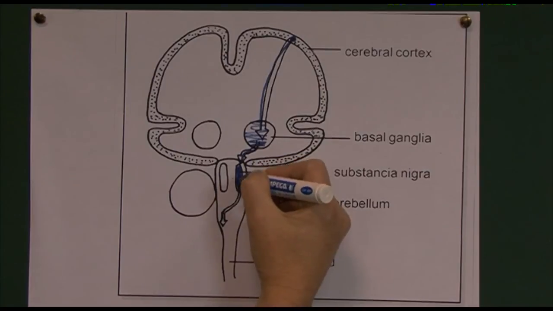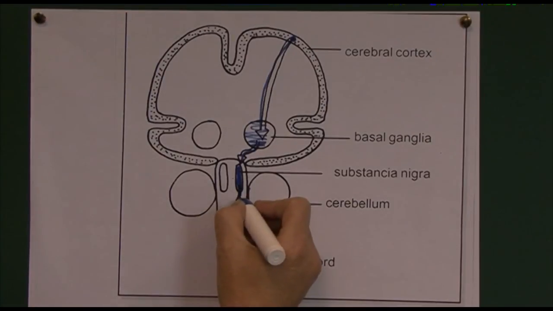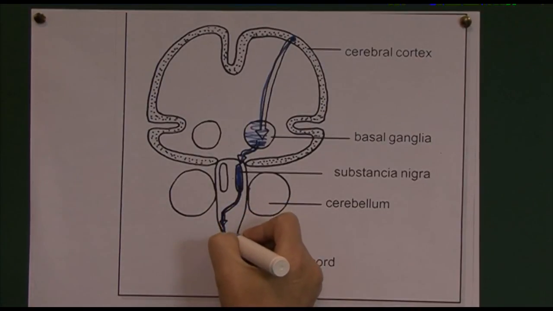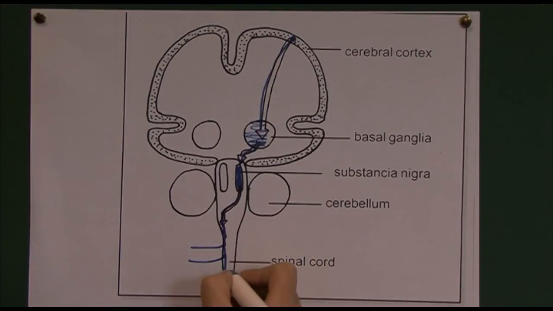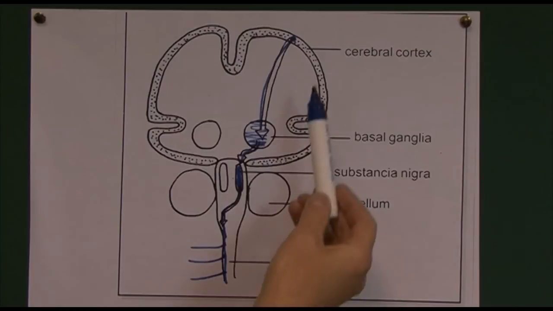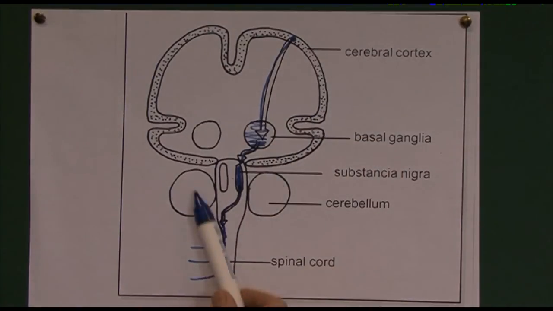So these impulses are going down through the brain rather than in the anterior pyramidal tracts. They're still crossing over to the other side and going on down the spinal cord, and they're still leaving via the spinal nerves. But the raw impulse from the motor cortex has been refined.